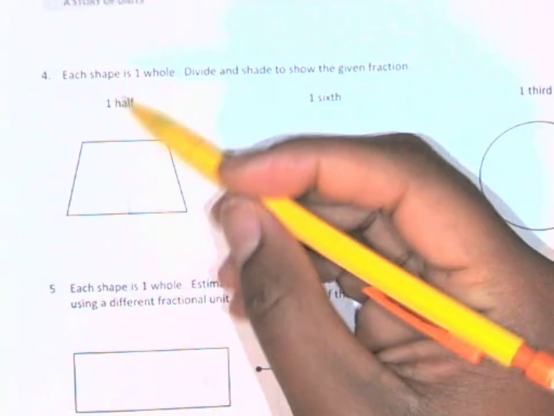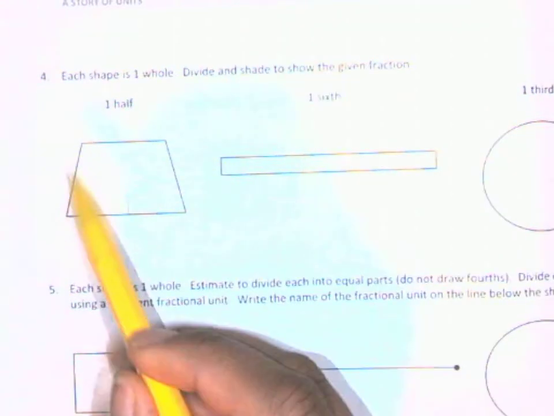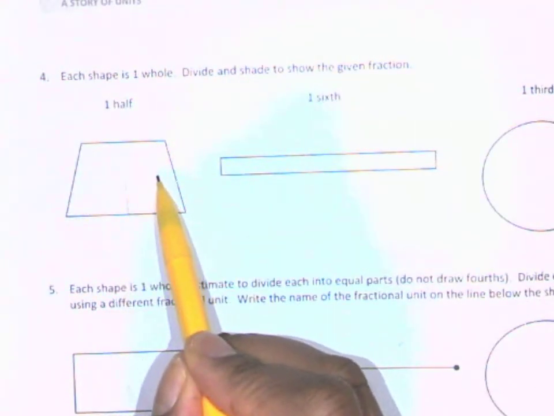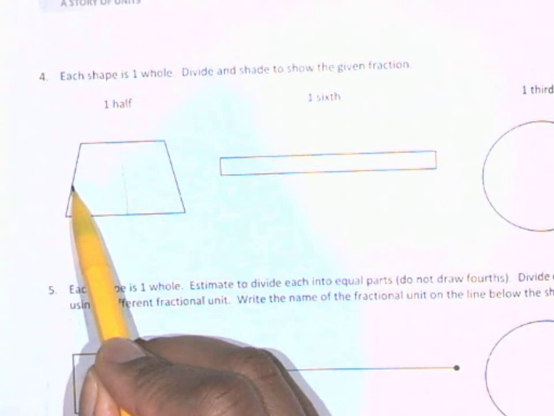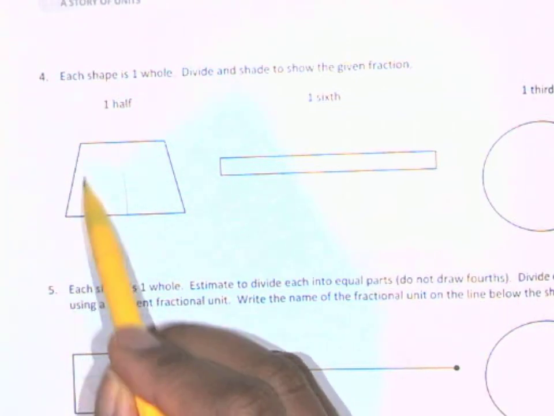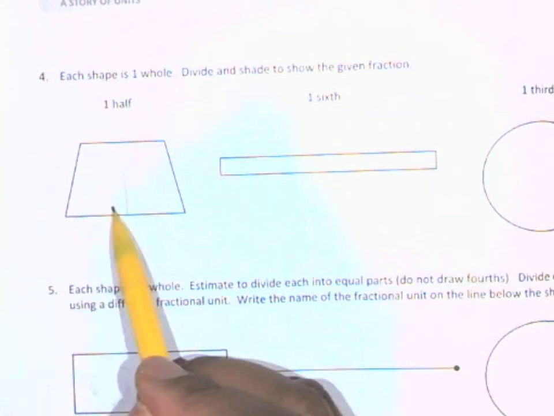So, if I'm drawing 1/2, I'm going to draw right down the middle, and I'll redo it in pen so you can see it. It's very important that I don't draw it horizontally, meaning going across, because if I do, the sizes aren't going to be the same, because the top of this figure is more narrow than the bottom.